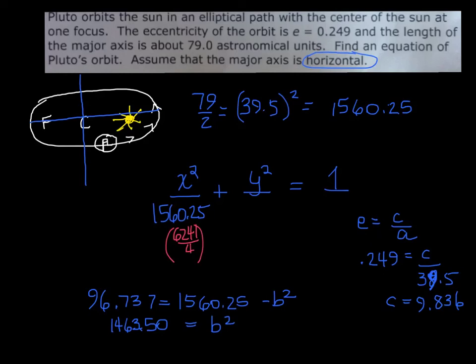So what we're going to do is round those answers to whole numbers because we can't leave a decimal in a fraction. We're going to put in here 1464, and we're going to put in here 1560. So the final answer would be x squared over 1560 plus y squared over 1464 equals 1.